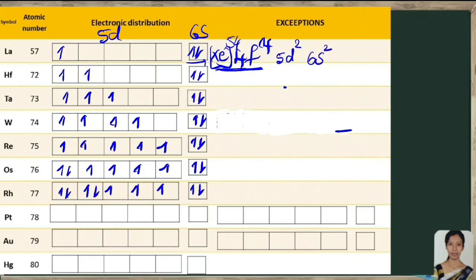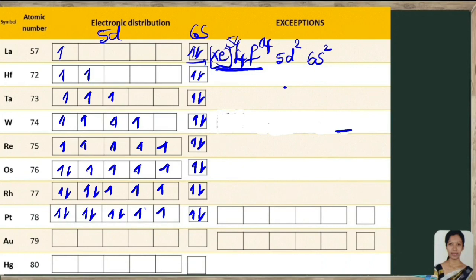For platinum, you would expect the electronic configuration up to here 70, and 8 electrons should be placed in the 5d orbital. This is an exceptional case, as in the case of previous groups. This is not the observed electronic configuration.